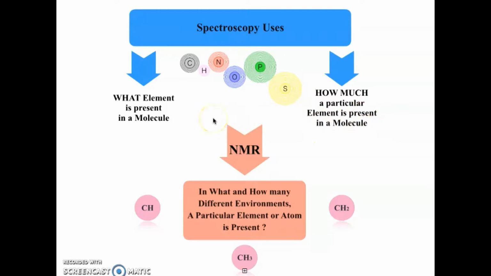But by NMR, we can decide in how many different environments that particular element is present. For example, say hydrogen is present in a molecule. From NMR, we can say hydrogen is present or not, and additionally we can say that the hydrogen is present as a CH or CH2 or CH3 or all of them.